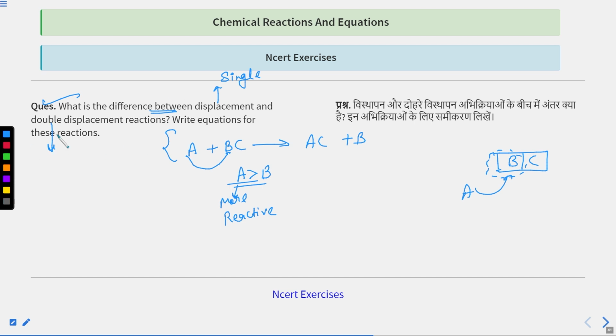In double displacement reaction, exchange of ions will take place. Suppose I am taking AB and along with this I am taking CD.